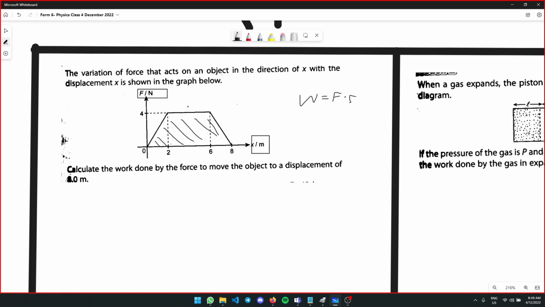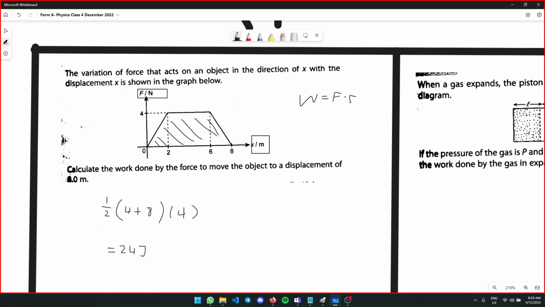So how would you find the area under this graph? It's very simple: 1 over 2, times the sum of the parallel sides, 4 plus 8, and then you multiply with the 4. What's your answer? You should get 24 joules.